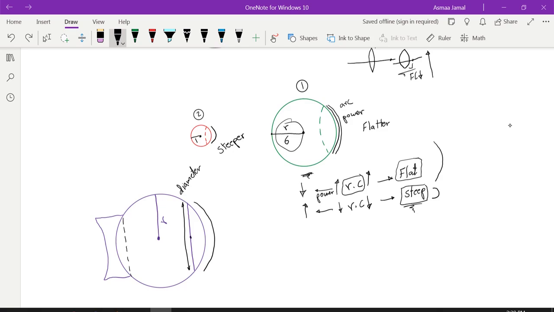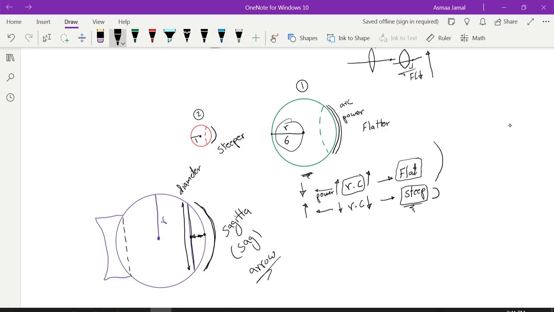So the distance between the center of the base of the lens to this point, the center of this arc, this distance or this height of the lens, we call it sagitta, or just shortly we can call it sag. This is a Latin word that means arrow.